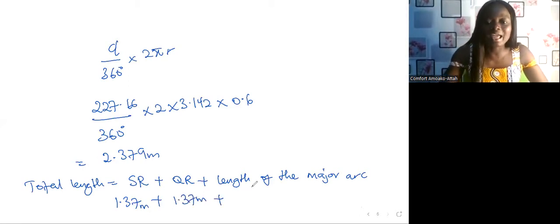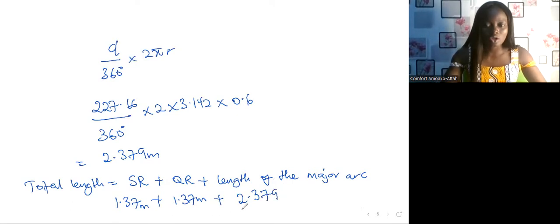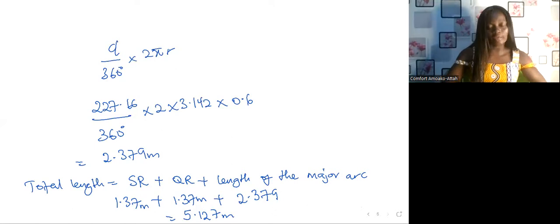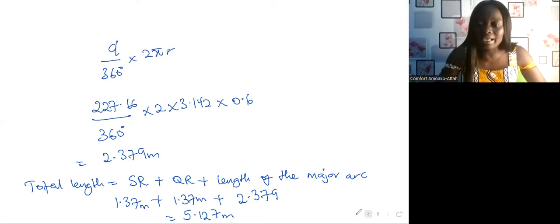Plus, now the length of the major arc, we had it as 2.379. All right, so now add all these up and tell me the final answer. Okay, so I am getting it as 5.127 meters.